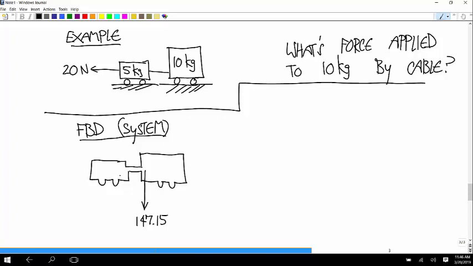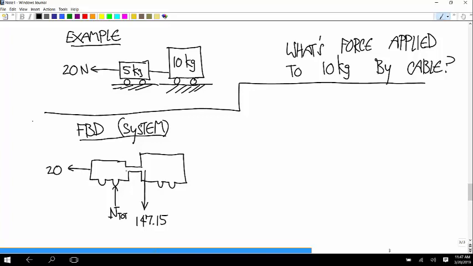There's a combined normal force pushing from the ground, so that's toward the chosen body, and I'll call that N total. And then there's the 20 Newton force here. And we don't have to worry about that cable force yet because that's inside. It's part of what we're isolating. So that's not happening at the boundary.